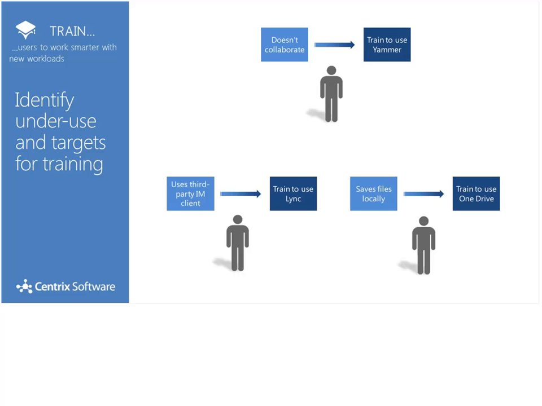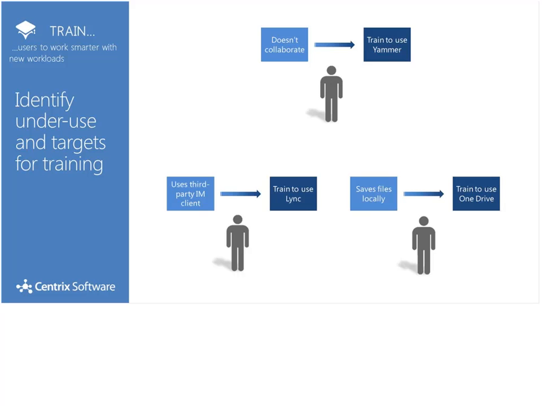With 365 IQ, you're actually able to see how much people are using Yammer. Or you could see that someone's using a third-party IM client. You can train them to use Lync. It might be that you provided Lync, but three months down the line, they're still using a third-party IM client. So you can identify that. Or it might be, as an example, they're still saving files locally.